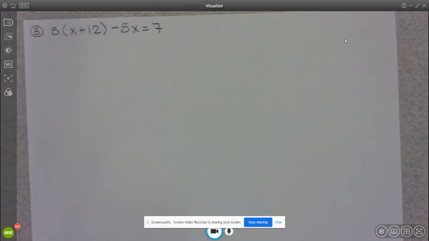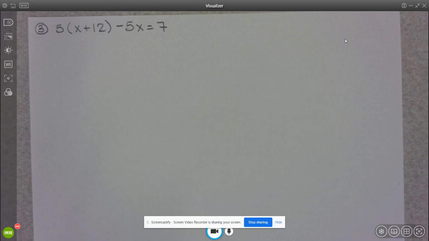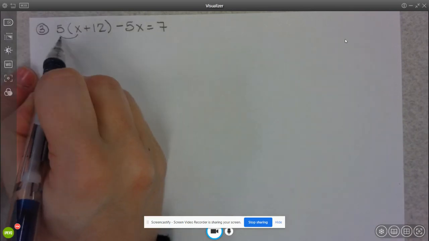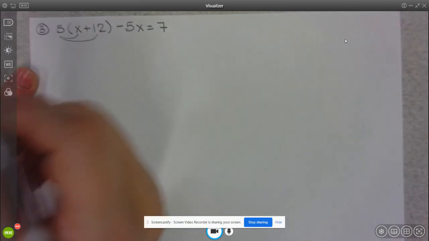We're going to go ahead and look at our next example here. We have 5 times the quantity x plus 12 minus 5x being equal to 7. So the first thing I'm going to do is I'm going to go ahead and distribute. So I'm going to distribute 5 to x and 5 to 12.